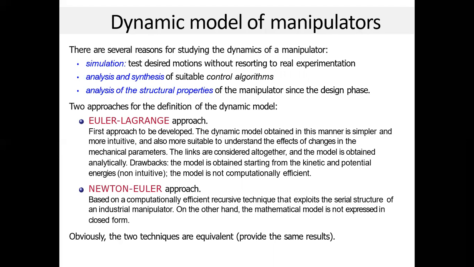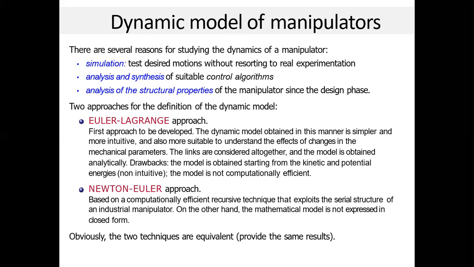The first approach was developed by Euler-Lagrange. The dynamic model obtained in this manner is simpler and more intuitive, and also more suitable for understanding the effects of changes in the mechanical parameters. The links are considered all together and the model is obtained analytically.